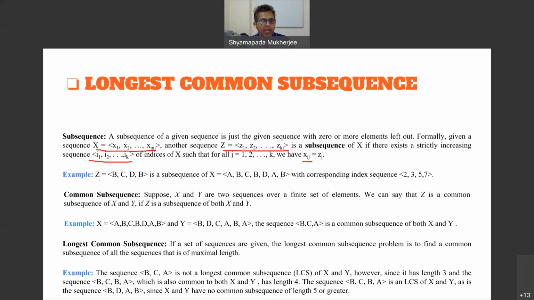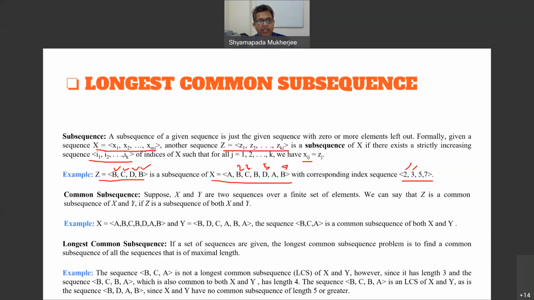Suppose in this example we have Z equal to this, and it is a subsequence of X. How can we say that? You see the indices of the elements in X: 2, that means B is present at index 2, and 3, the C is at 3, and D is at 5, and then B is at 7.